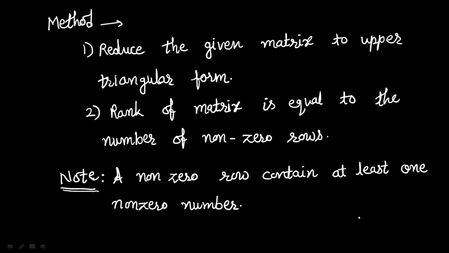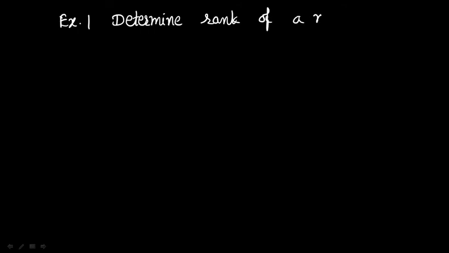Now we solve the examples. Example number 1. Determine the rank of the matrix A equal to, we consider the first problem for a 3 by 3 matrix. 1, 2, 3 is the first row.